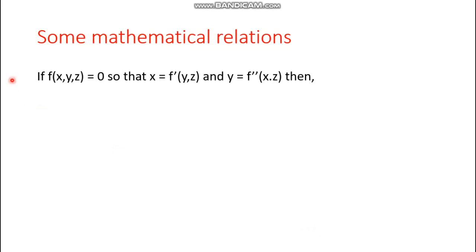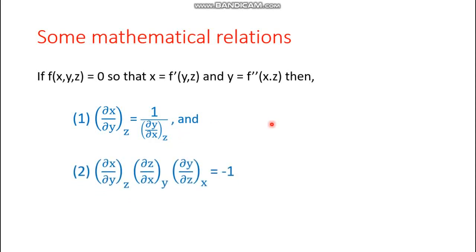If some function of x, y and z is 0, and x is dependent on y and z, while y and z are dependent on x and z, then number 1, del x del y at constant z must be equal to the reciprocal of del y del x at constant z. This is one of the mathematical relations which will be useful for us throughout the chapter.